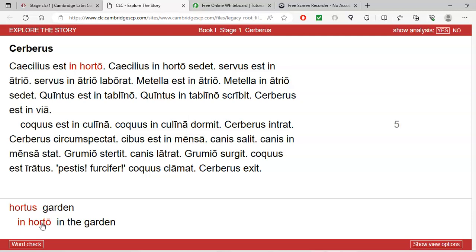So we use the ablative nouns often for location. Not always, but sometimes. Often after the preposition in atrio, in the atrium, in tablino, in mensa. This is on the table, not in the table, but Latin uses the word in here. In mensa.